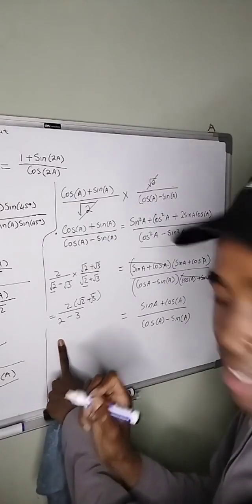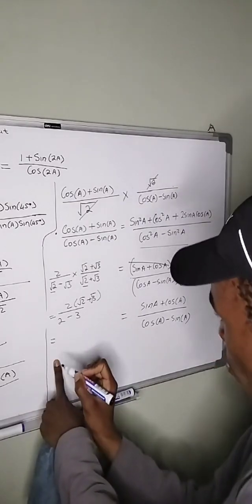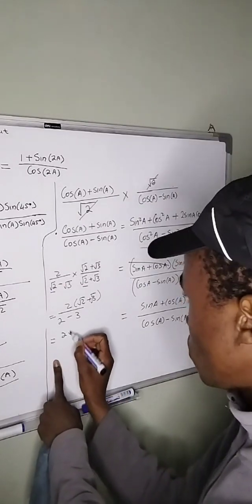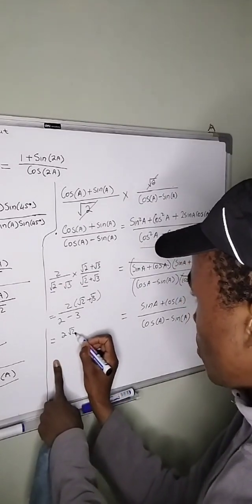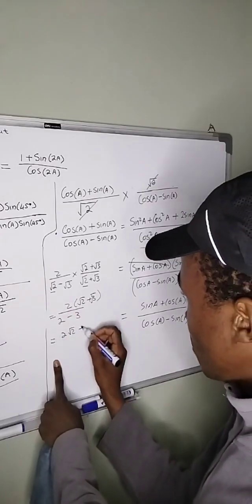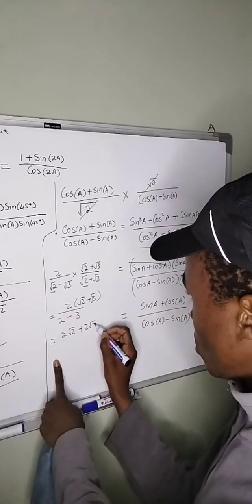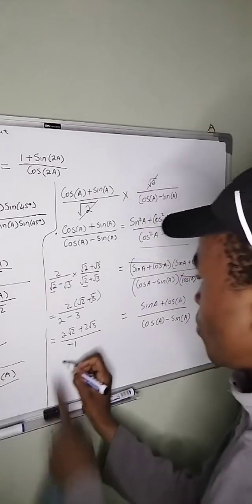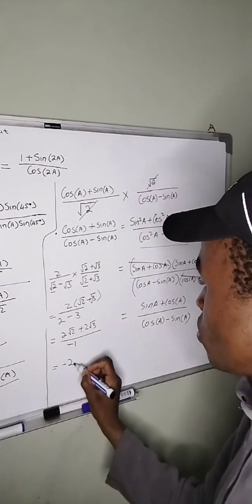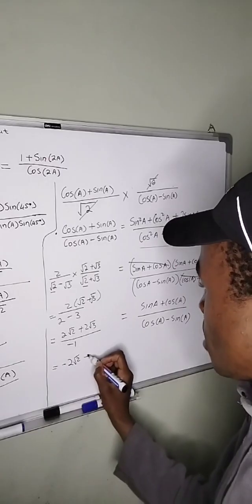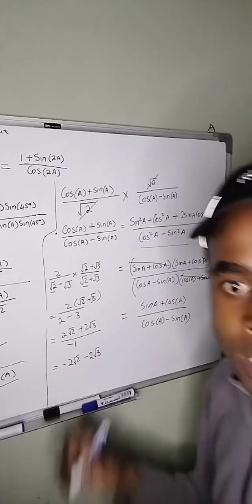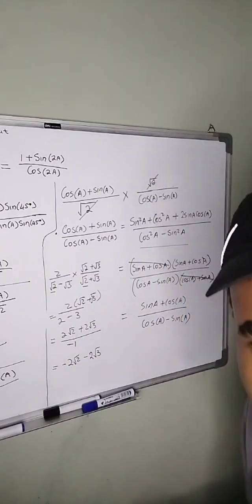Then 2 minus 3 is going to be what? I'm going to have 2 times 2 plus 2 times 3, and all of that divided by -1. And this is going to be -2 square root of 2 minus 2 square root of 3. This is how you use a conjugate.